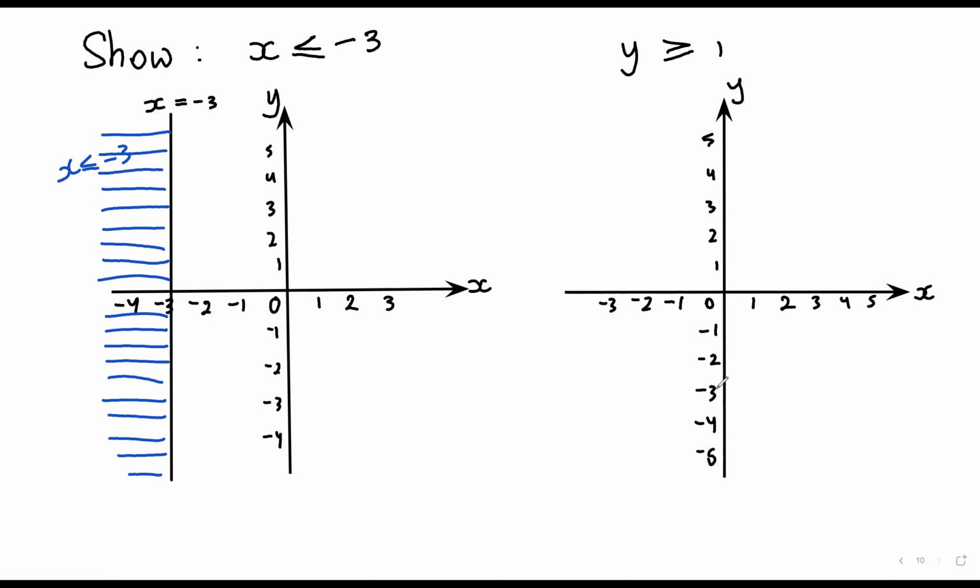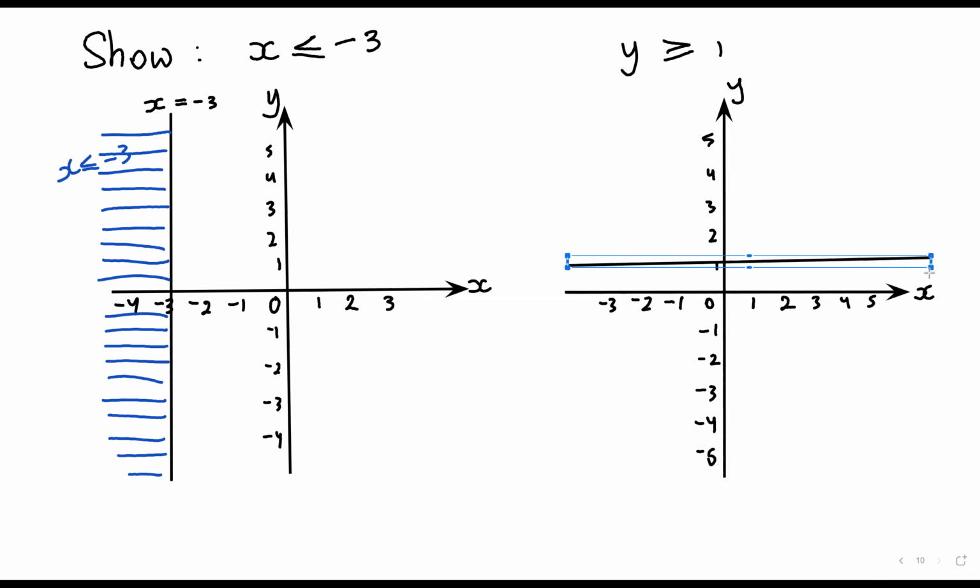When you're showing a region that satisfies an inequality on a graph, you need to sketch the line that corresponds to the inequality first. So y is greater than or equal to 1 means I have to sketch the line y is equal to 1. Because this is an inclusive inequality, the line will be a solid line, not a broken line.